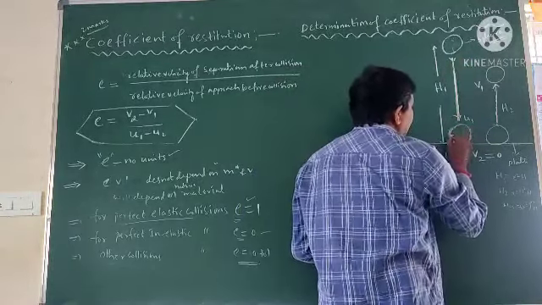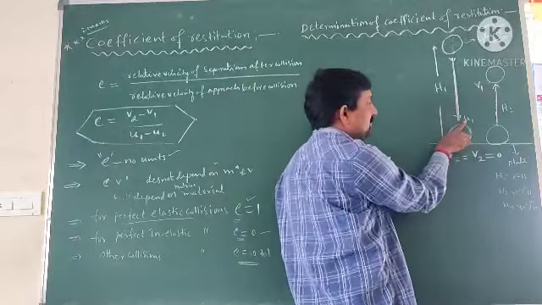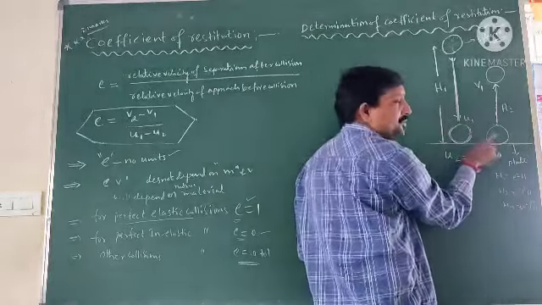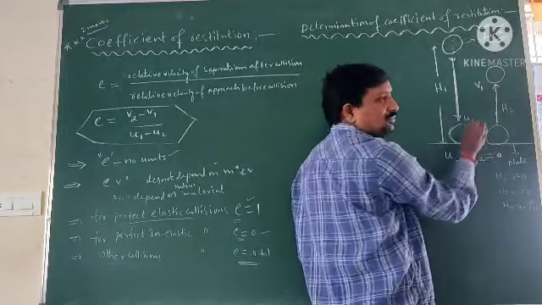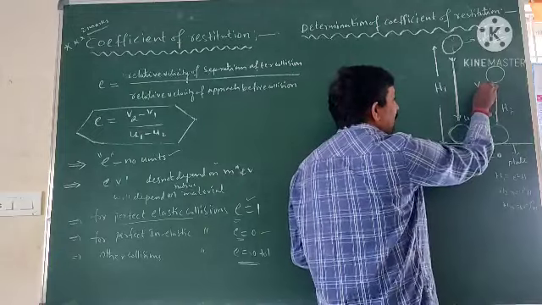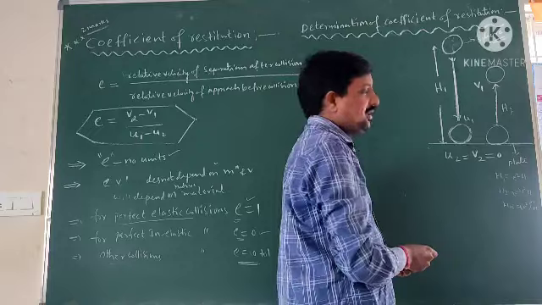The sphere hits the plate with velocity u1. After collision, the sphere rebounds to a height h2. The final velocity of the sphere is v1.